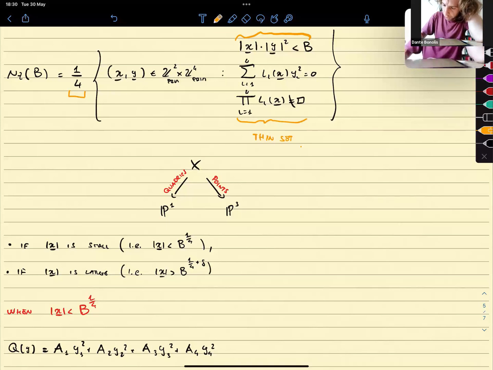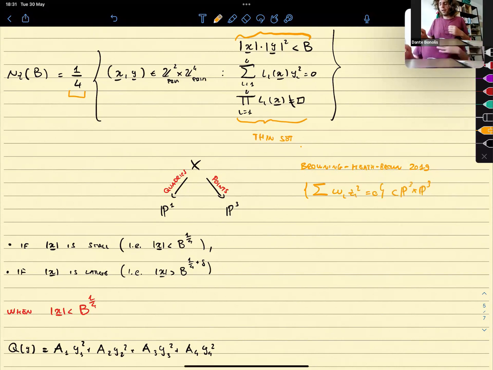This is a similar starting point to the following paper of Tim and Brown from 2019, where they wanted to count points of a Fano fivefold, and their fivefold was the following. It was the sum of W_i Z_i squared equal to 0, and this was something in P3 cross P3.